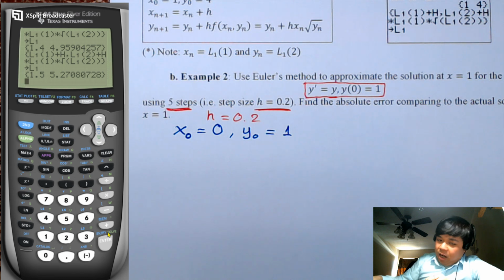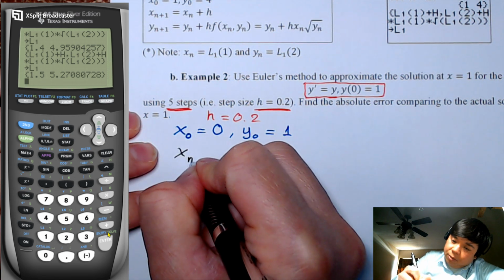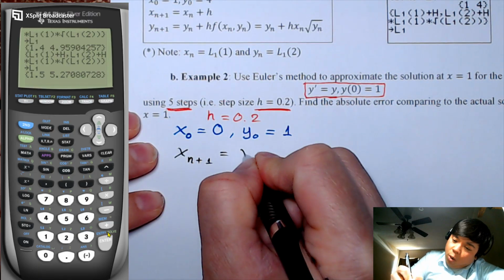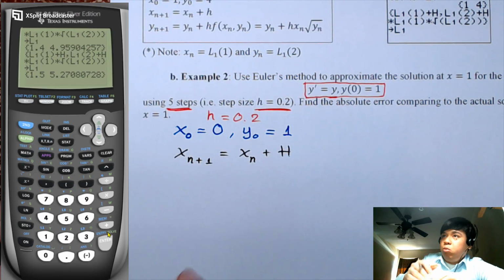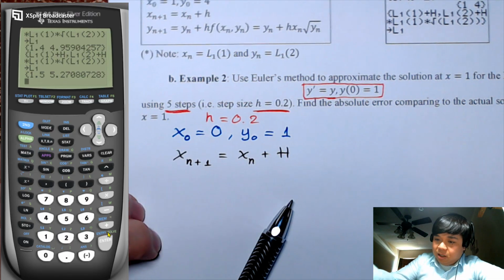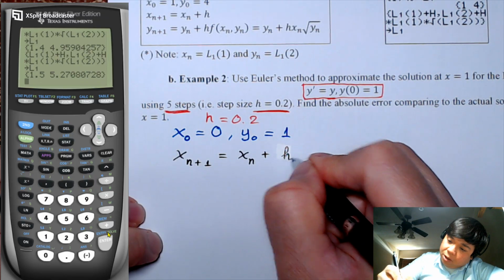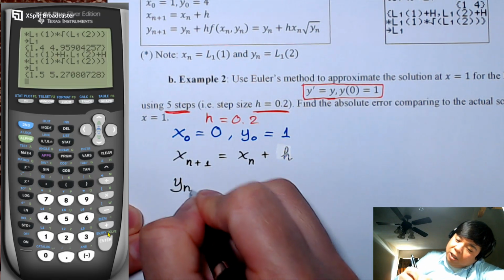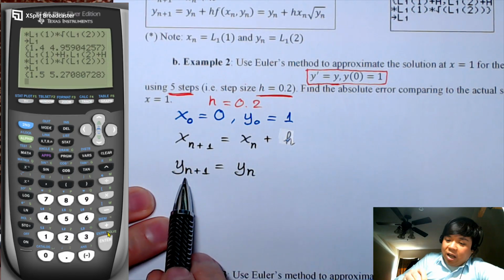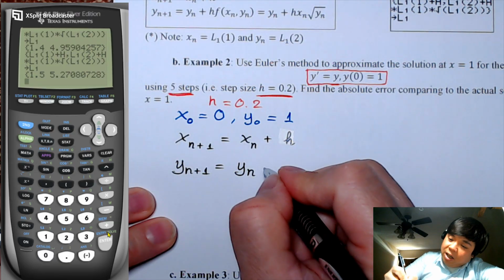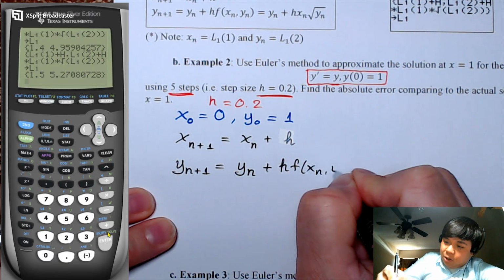After that, of course, the x will be updated as the old x plus h, so plus the step size. And the new y will be updated with the old y, so y sub n plus 1 is the old y sub n plus h times the function of x sub n, y sub n.